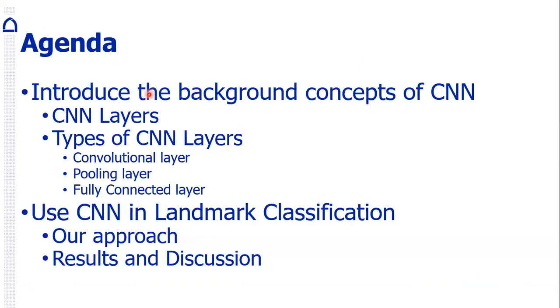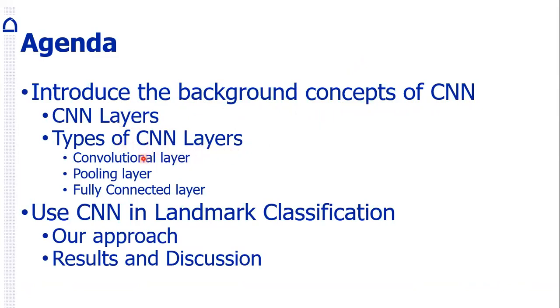So our agenda today, we will divide our work into two parts. The first part, I'm going to introduce the background concepts of the convolutional neural network, which is the main network that I'm going to build my research on. So first of all, I'm going to introduce it and introduce the basic concepts of it. What are the CNN layers, the types of CNN layers?